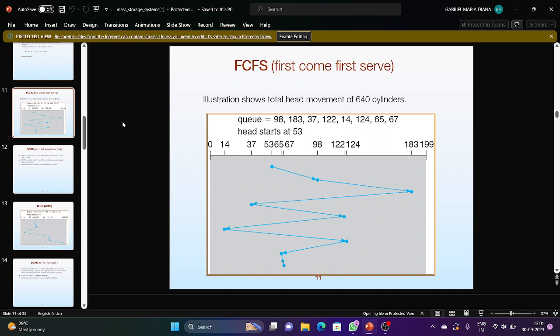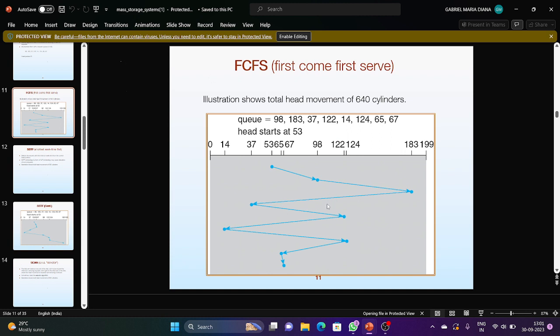The next is 183, so from 98 it serves 183. Then it serves 37, which comes after 183. Then it serves 122, which comes after 37.